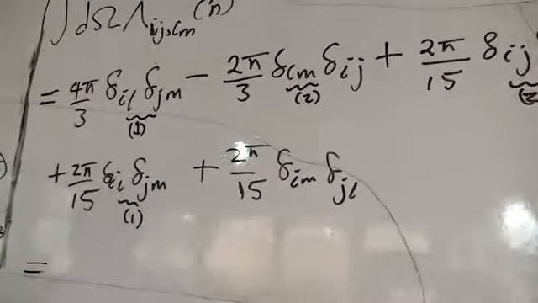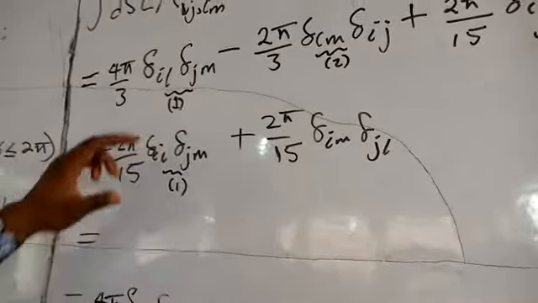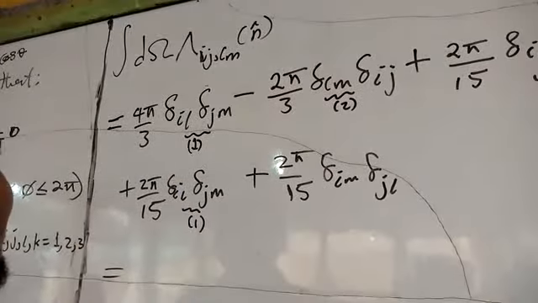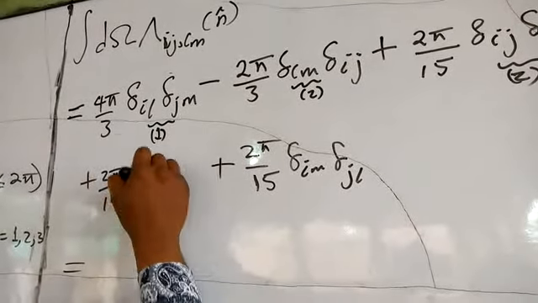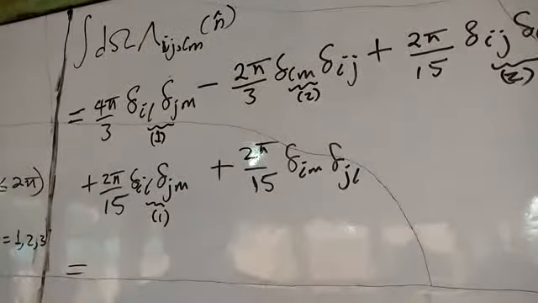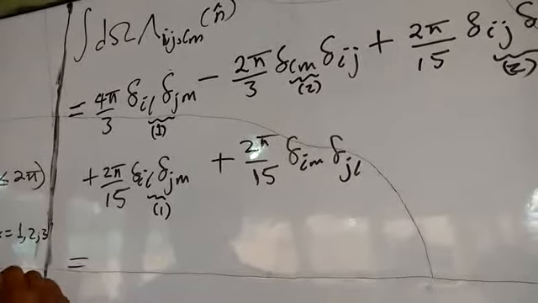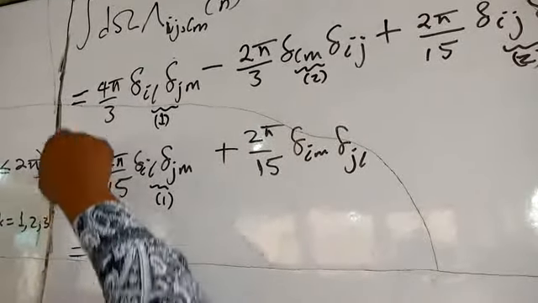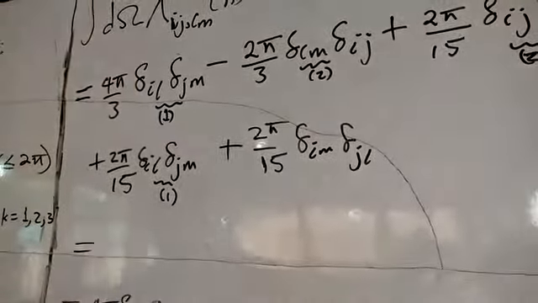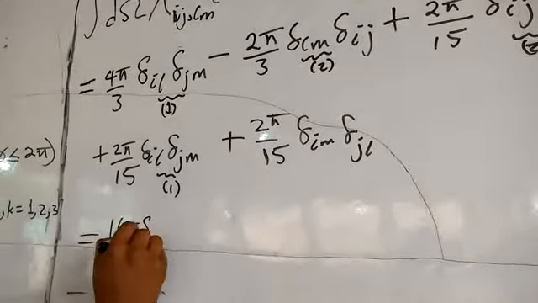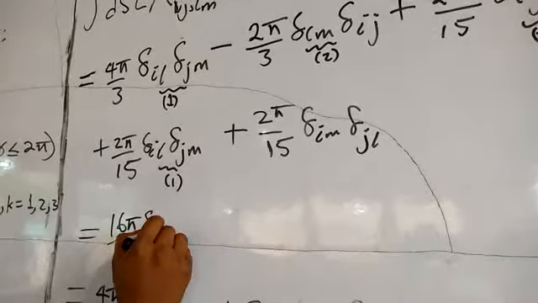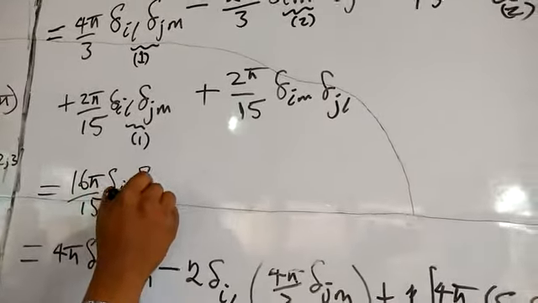And what will this give me? Now, if I combine these two, because they have a common factor delta_ii delta_jm, I'll simply have to add these two. This is going to be 5 times this, which is 20 minus that. So this gives me 16π all over 15 of delta_ii, and then this will be jm.